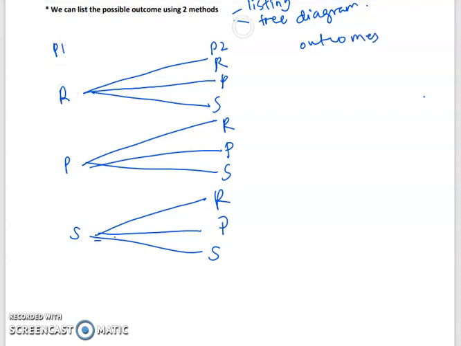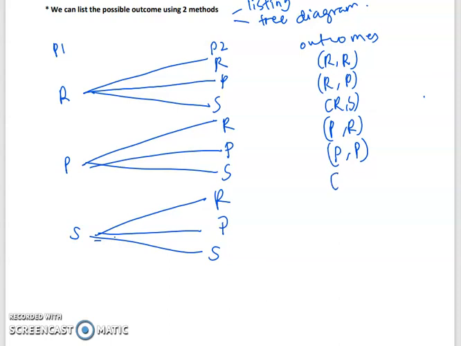So what are the outcomes? Pupil 1, rock, pupil 2, rock, or pupil 1, rock, pupil 2, paper, pupil 1, rock, pupil 2, scissors. Pupil 1 might show paper, and pupil 2, rock. Pupil 1, paper, pupil 2, paper, paper, scissors.